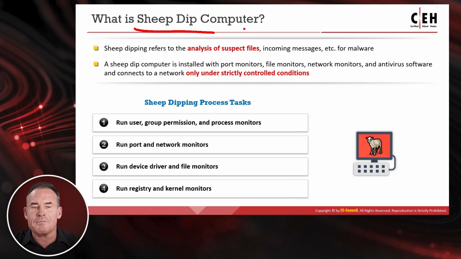So the sheep dip computer originally was a staging area for physical media to analyze it for malware before you introduced it to the production network. These days, the term sheep dip really means any sandbox laboratory analysis workstation that runs user group permission, process monitors, port and network, file and driver, and registry and kernel.